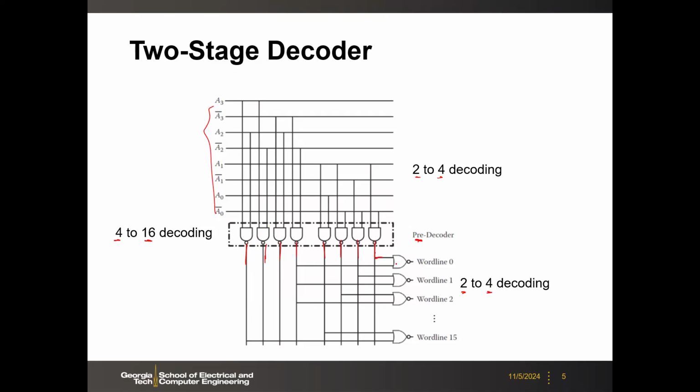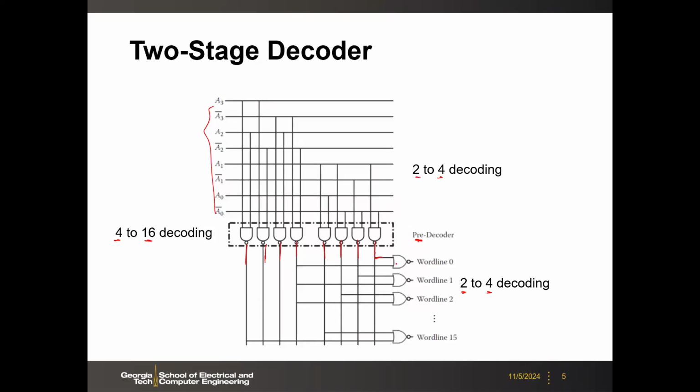For example, if your memory array is typically larger than, say, 128, which is already 7 bits, or let's say 256, which is 8 bits, for sure you want to do this 2-stage decoding. Otherwise, an 8-bit input to a logic gate will be a huge fan-in. This is not good. Okay, so here are just some design considerations for the decoding. It's the standard CMOS digital circuit from your VLSI class, but here applied to the memory design.